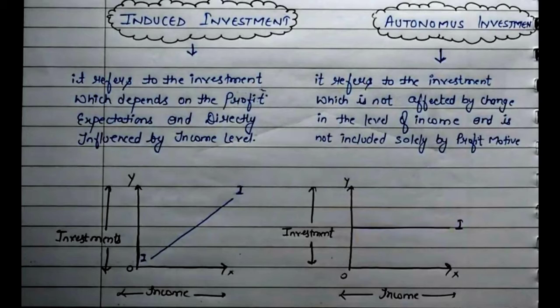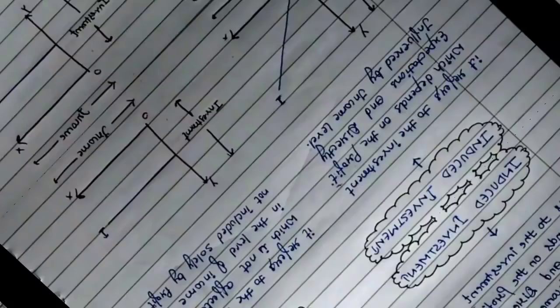Nowadays you must have seen apps like Hotstar and Amazon getting premium subscribers, and some YouTube channels also do that. To watch their video lectures, you have to pay some amount of fees. They do this for the purpose of profit making, and that's what the definition of induced investment says: it refers to the investment which depends on profit expectation and is directly influenced by income.